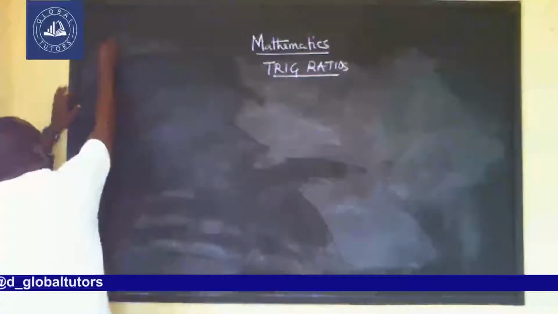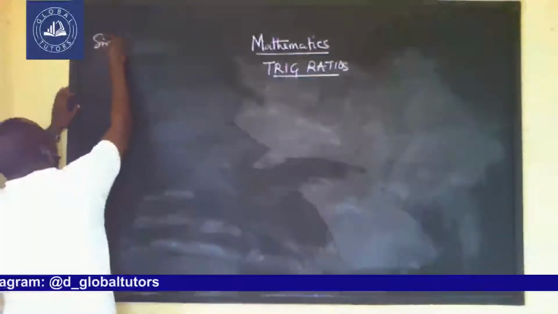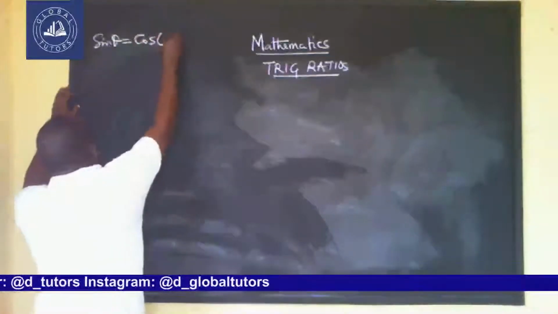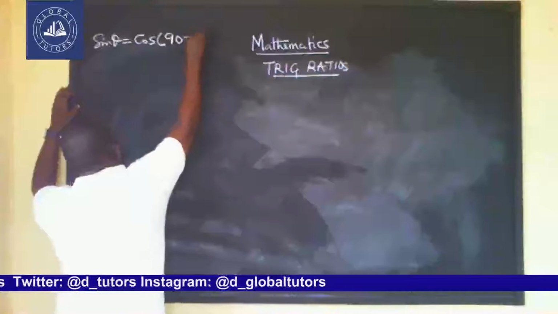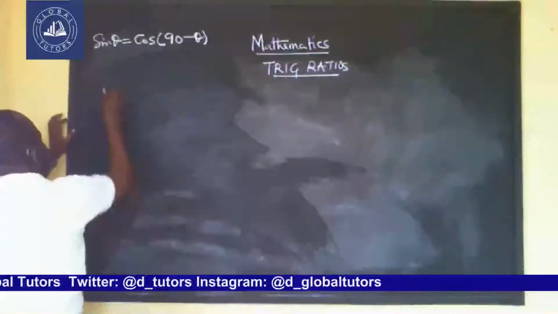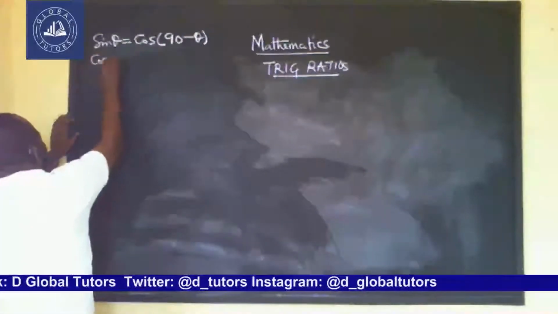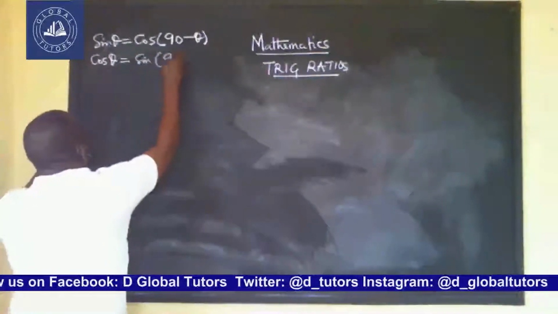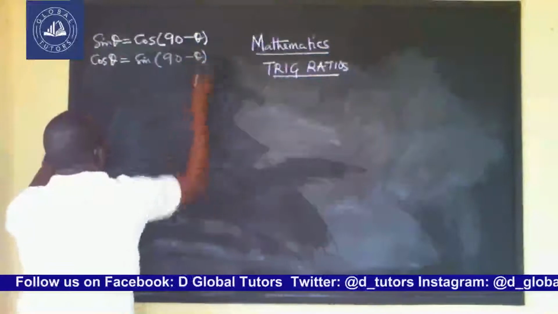Remember, we have established sine theta is cos 90 minus theta, and also cos theta is sine 90 minus theta.